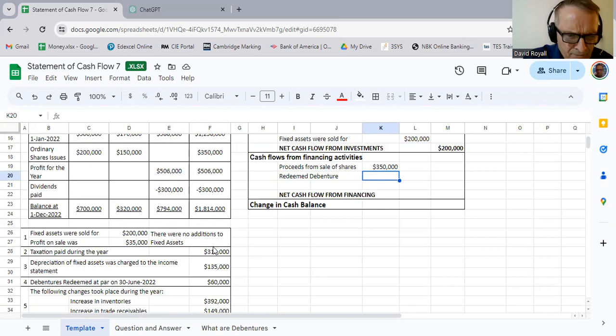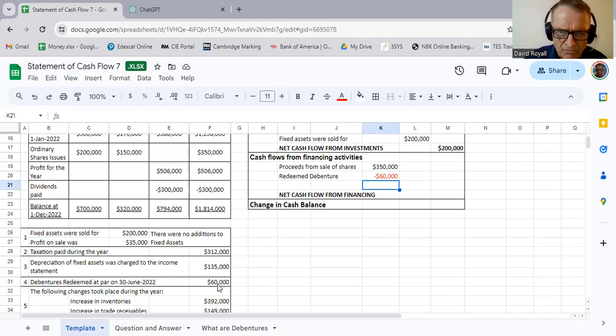What was redeemed? Now, again, this is why it's so important to read your notes, the question very, very carefully before you start answering it, because I remember that very clearly. It's this figure here, 60,000. So it's 60,000, but that money's leaving the business. So it's a negative figure.